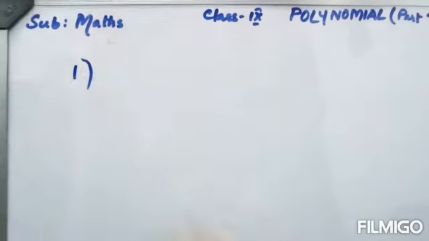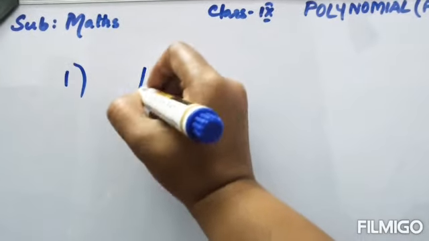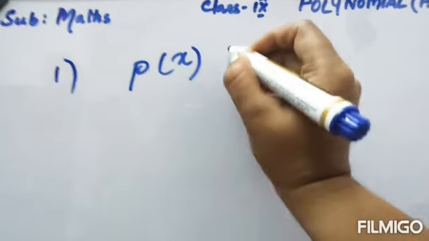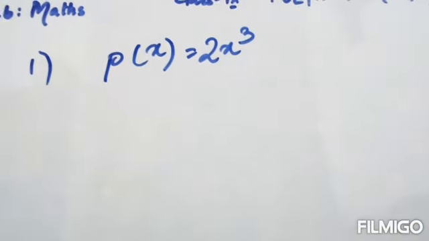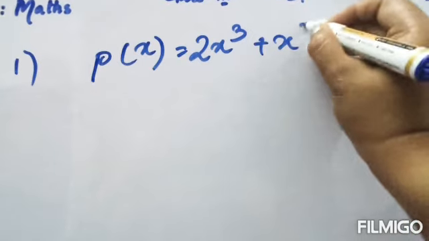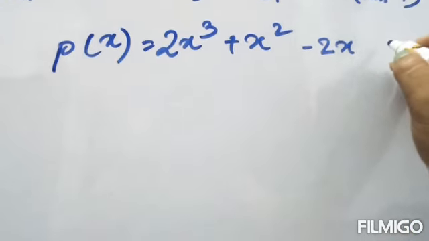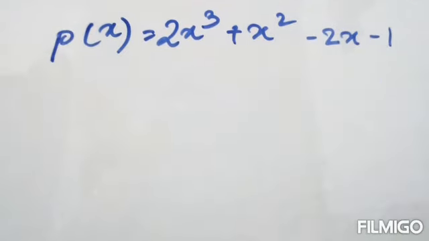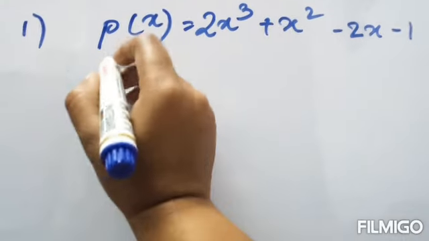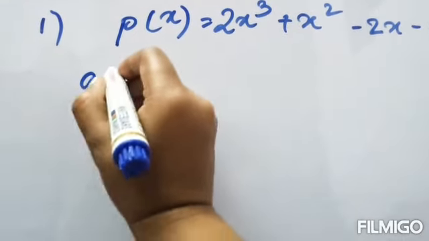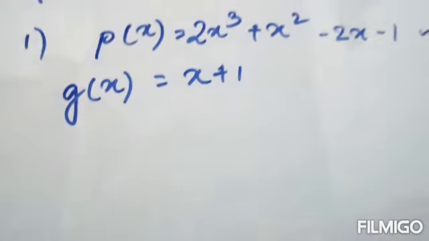Let us take the first problem. Suppose one polynomial is given as p(x) equals 2x cube plus x square minus 2x minus 1, and another polynomial is given as g(x).